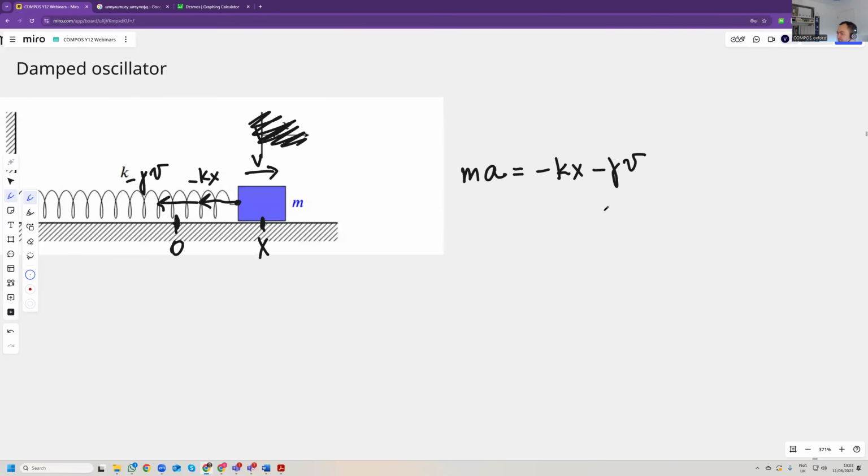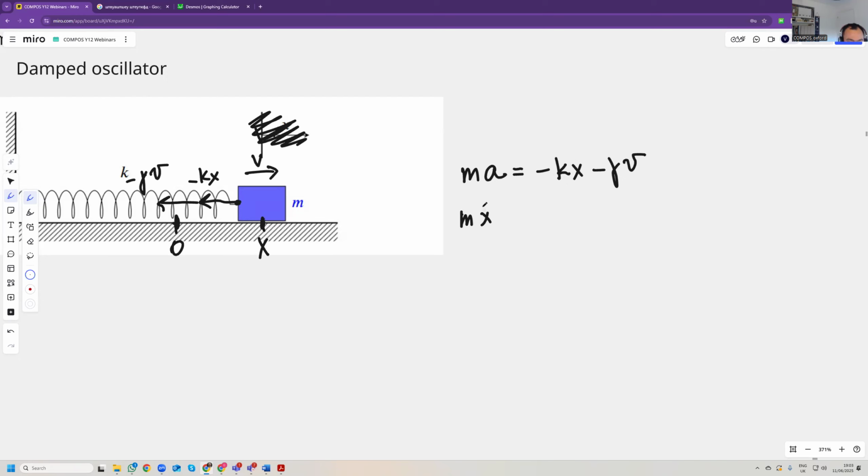Gamma is a coefficient of proportionality. It's resistance, let it be water resistance or air resistance, so some sort of resistance.